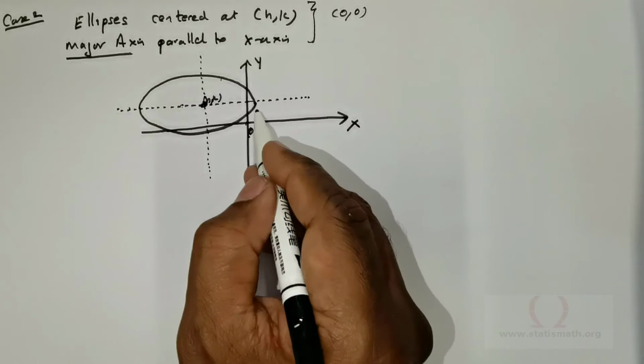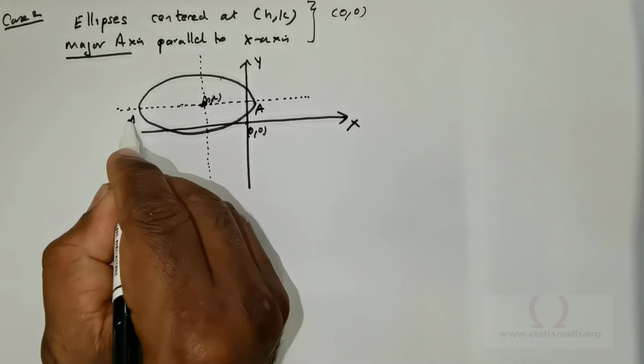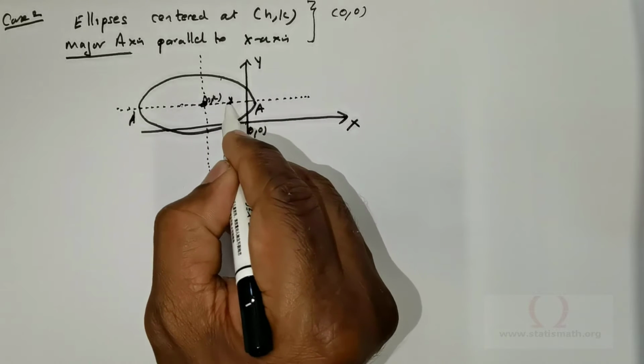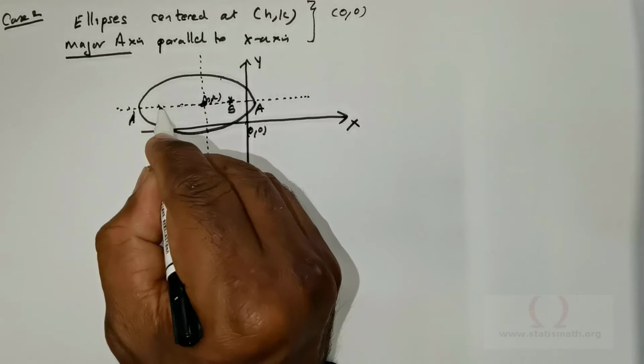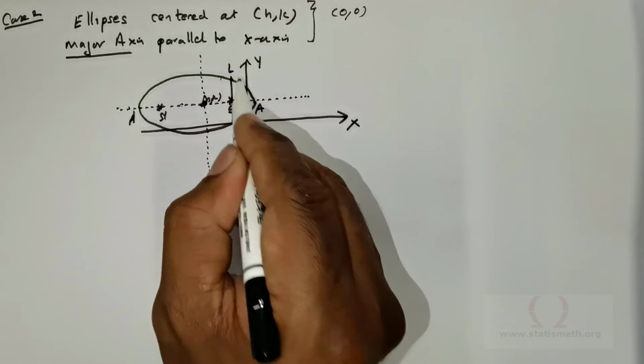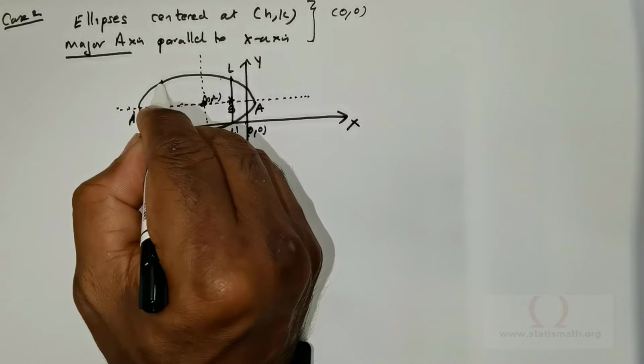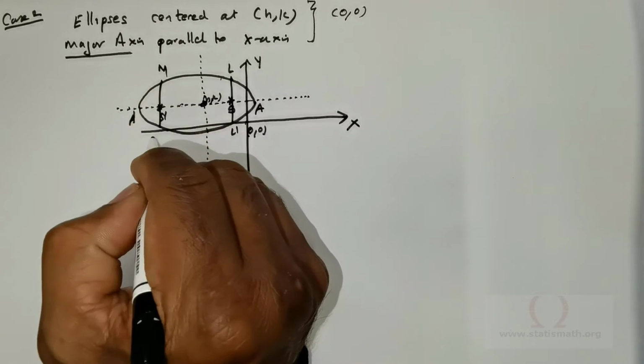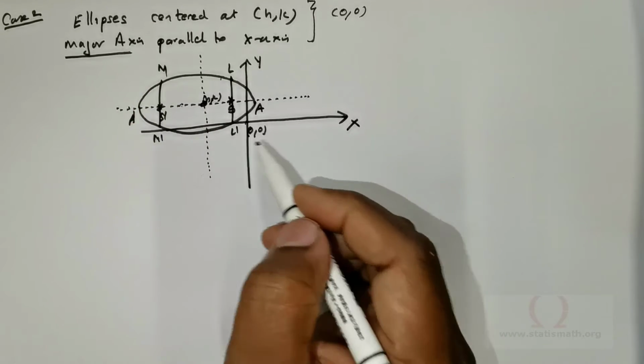Now you have A here, A dash here, and these are the foci S and S dash, the latus rectum L and L dash, M and M dash.